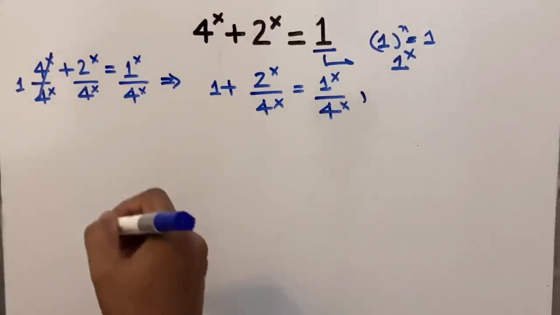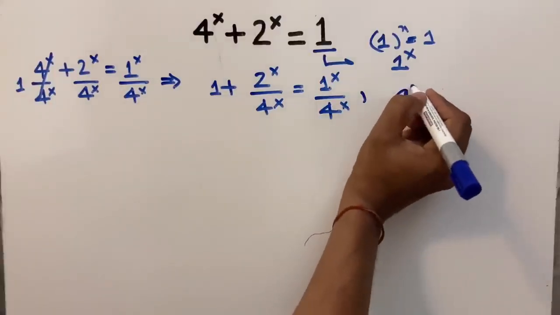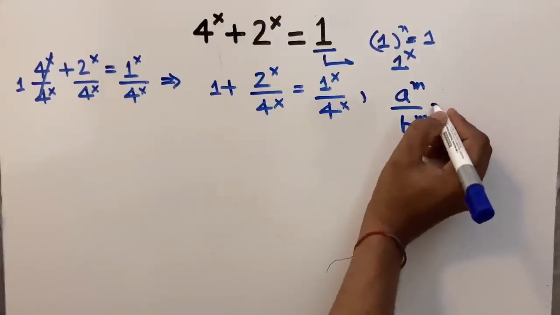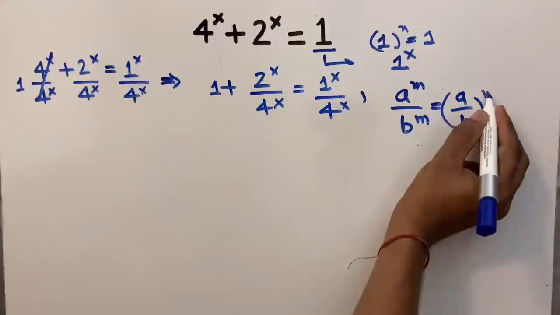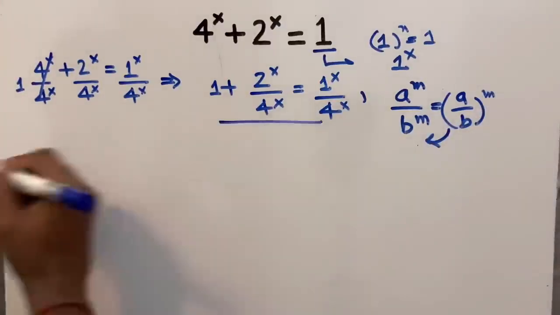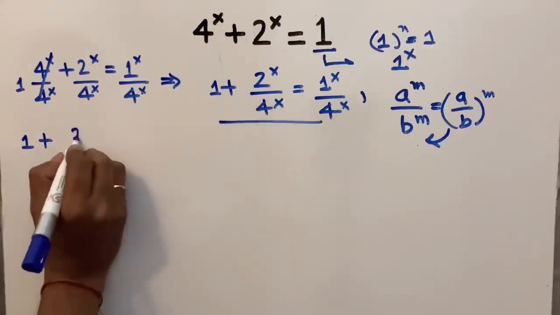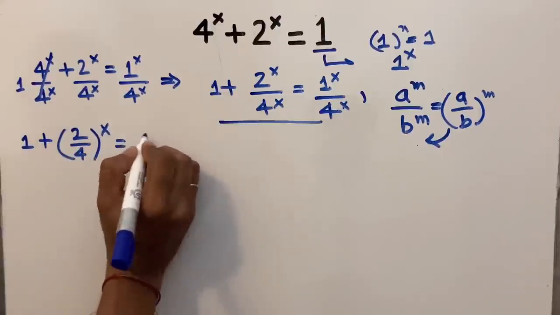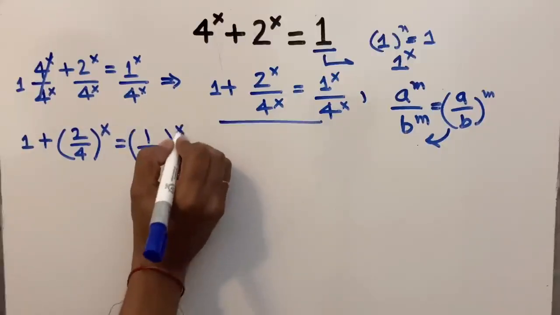We also know the exponential rule, which is a to power m divided by b to power m can be written as a upon b to power m. After applying this rule, this equation becomes 1 plus 2 divided by 4 to power x equals to 1 divided by 4 to power x.